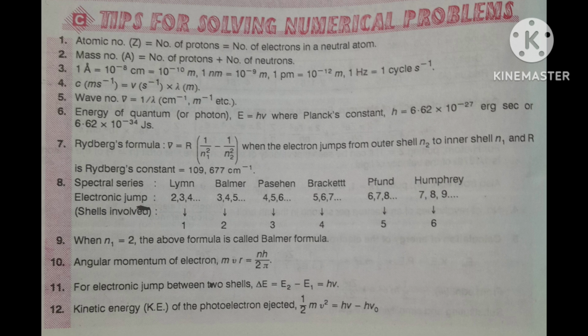Next relation is for the velocity of light. Velocity c, in meter per second, is equal to frequency per second into lambda in meter. This is very important.